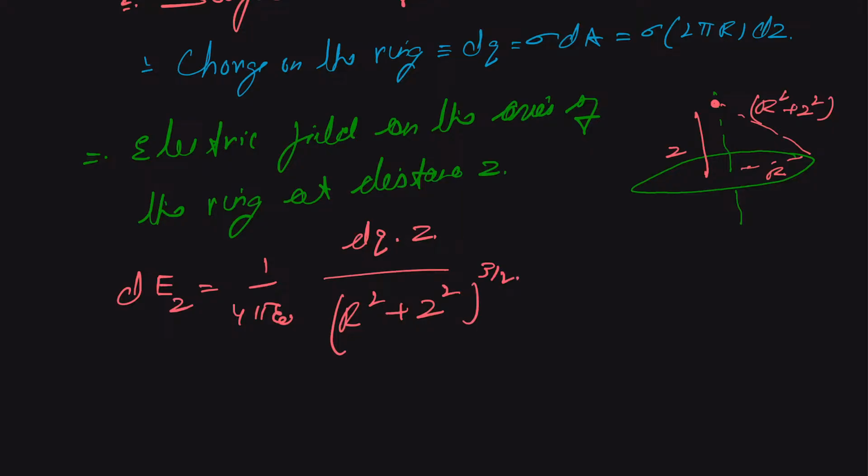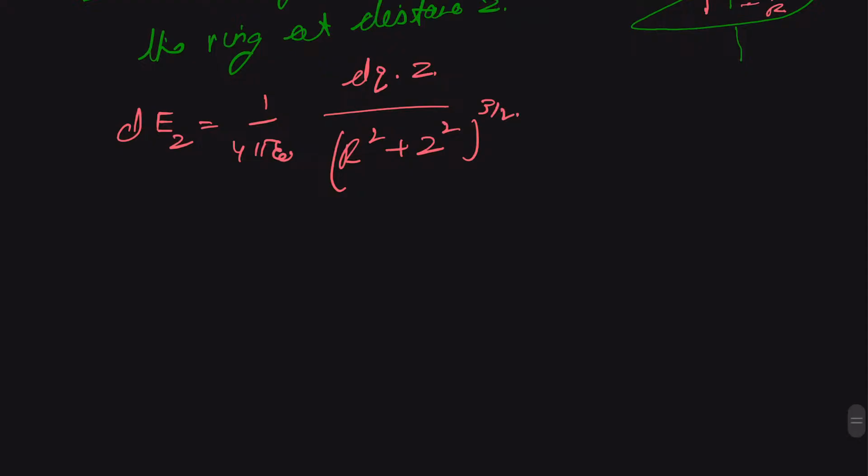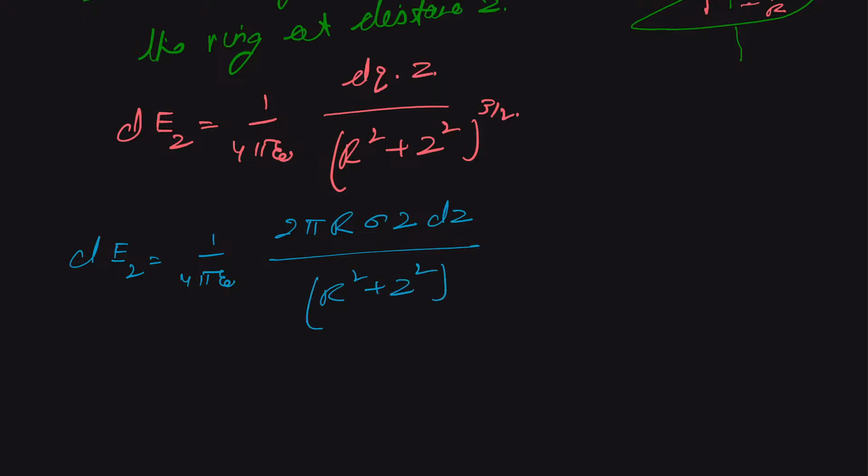Now we substitute our dq, and so we get the electric field is equal to 1 upon 4 pi epsilon naught times 2 pi r z dz upon r square plus z square to the power 3 by 2.